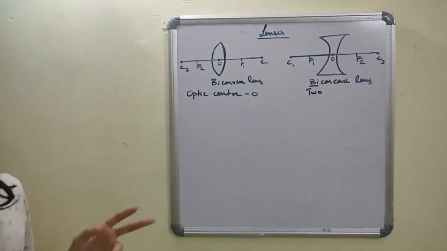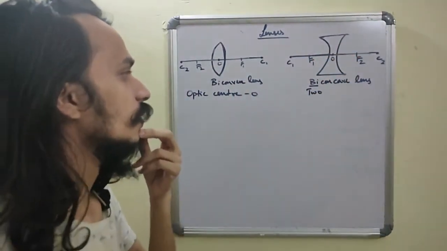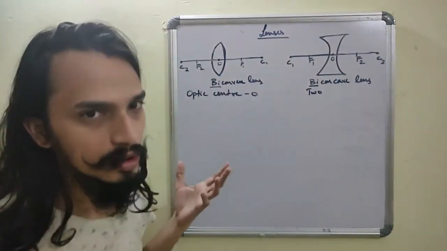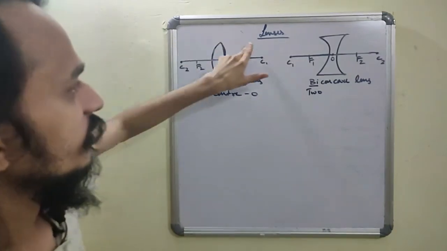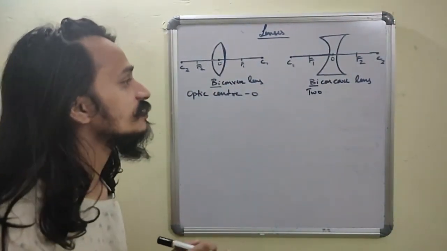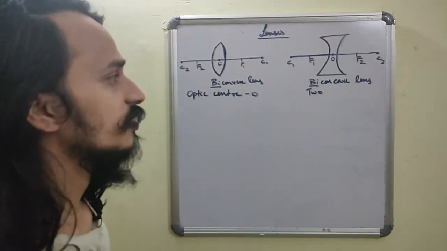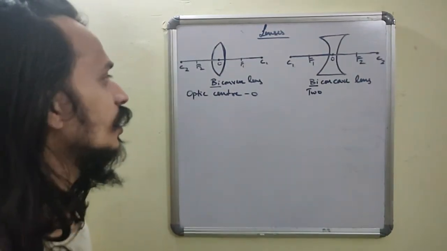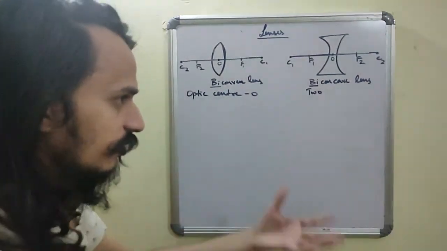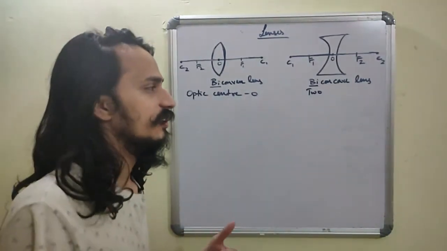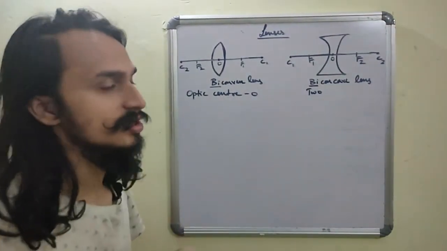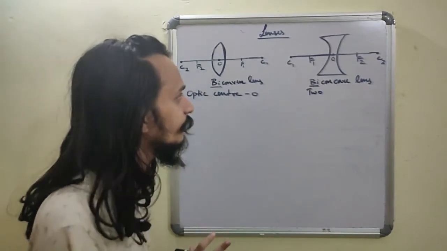That's why we call it biconcave. Both are concave. Same goes for biconvex, two convex surfaces, because light is falling from here and from here. So those are the two major lenses, biconcave and biconvex. They are also simply called concave and convex lenses. So going forward, if I ever say concave lens, it means this lens, and if I say convex lens, it means this lens, just to keep it short.